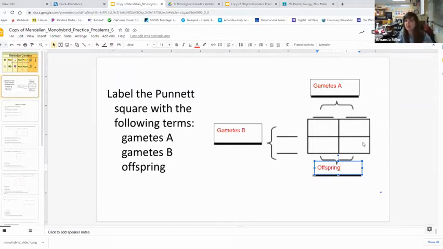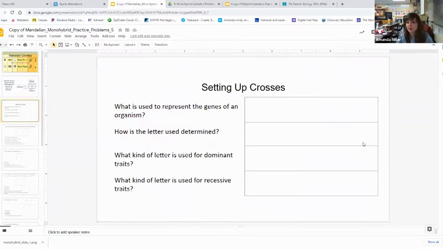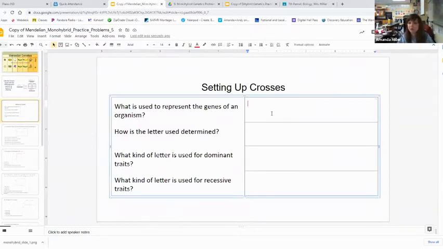Let's look at some other things that we need to know in order to fill out a Punnett square. So first of all, when we're setting up a cross, we use letters to represent the genes of an organism. And you saw that in both the dog called Spot activity and the Beaker babies activity. Well, how do we determine what letter to use? Usually, it is the first letter of the dominant allele, okay?